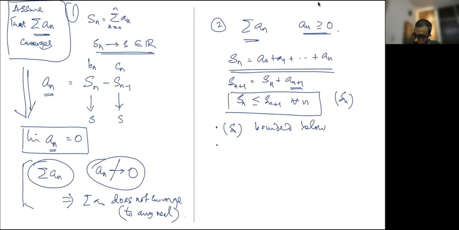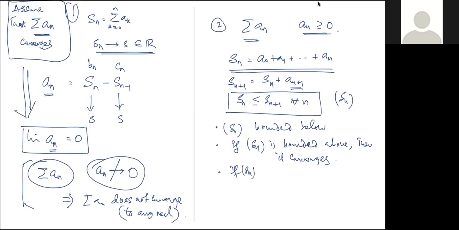Right. So for monotone increasing sequences, we know that if it's bounded above, then it must converge. So if Sn is bounded above, then it converges. And what happens if Sn is not bounded above? Diverges to infinity. Right.